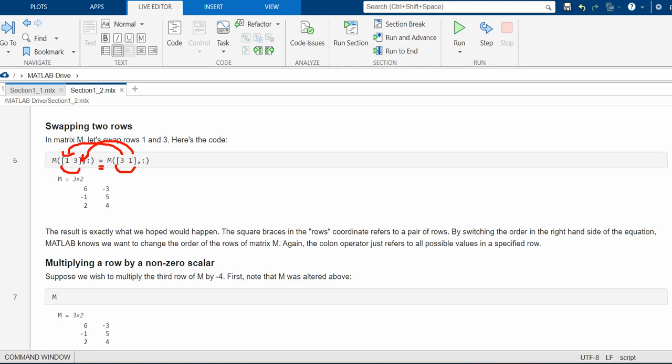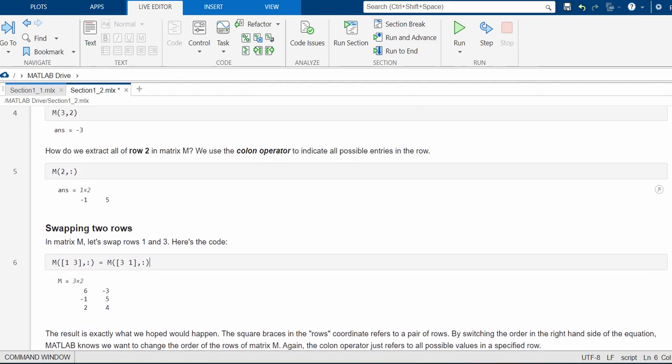If I want to swap 2 rows, just put in square brackets and put them in one order in the first matrix, and then put them in the opposite order, and that will swap the 2 rows. Easy peasy. So that's a fairly straightforward one once you know how to do it. Okay, and of course you can run it and you can see that it has swapped, right? Why?